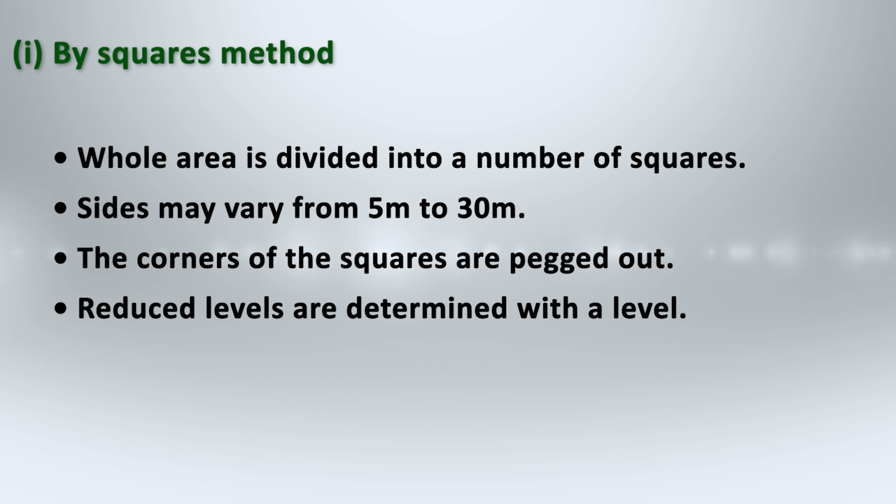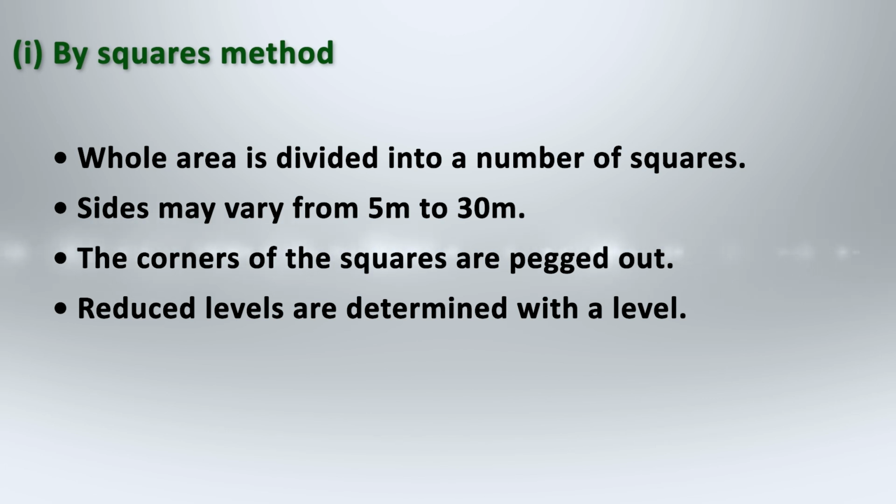Let us see the first method, called the square method. In this method, the whole area is divided into a number of squares, the sides of which may vary from 5 meters to 30 meters depending upon the nature of the ground and the contour interval. The squares need not be of the same size throughout.